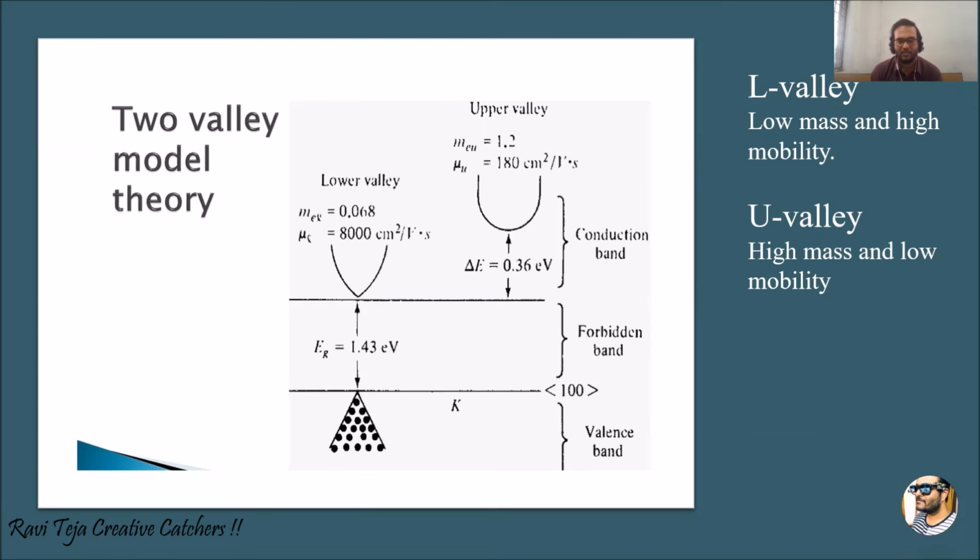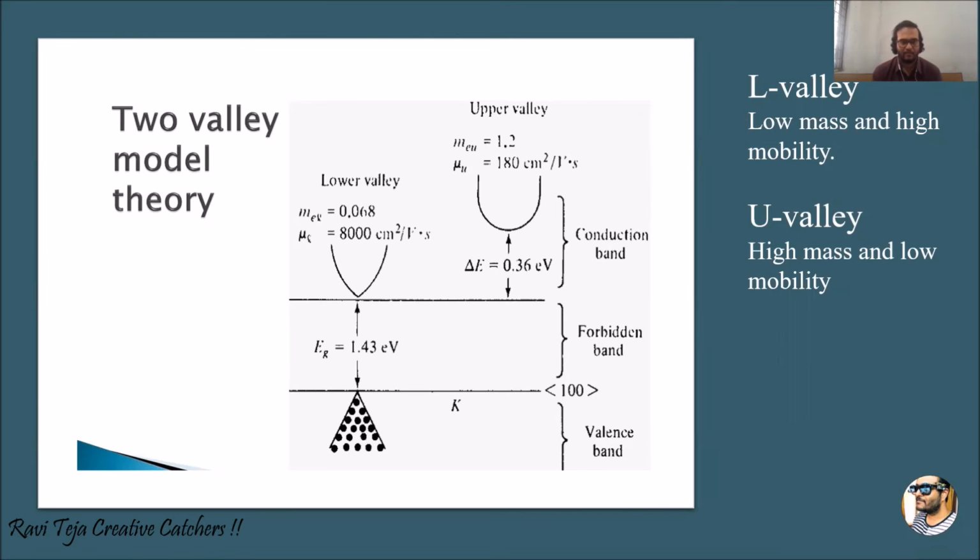So initially the electrons will be in the valence band, and as the voltage increases, the electrons move from the valence band to the forbidden band. As the voltage keeps on increasing, the electrons from the forbidden band move towards the lower valley contained in the conduction band. Now, when the electrons move from the lower valley to the upper valley, as the voltage increases, the current decreases. But in the previous two bands, the valence band and the forbidden band, as the voltage increases, the current also kept increasing.